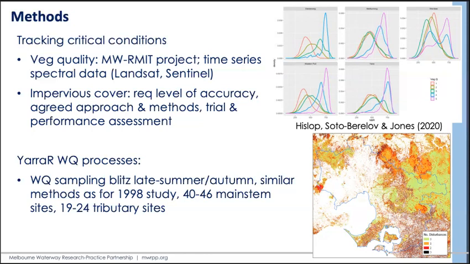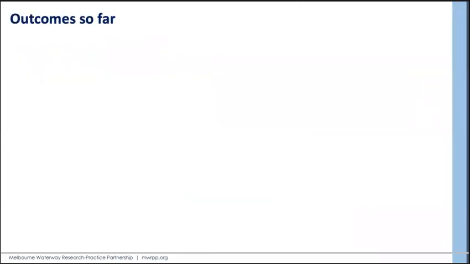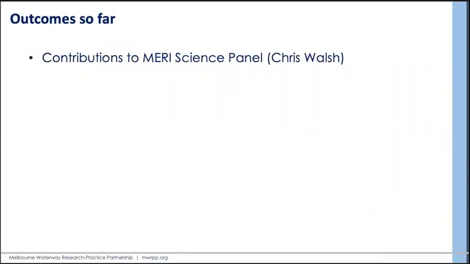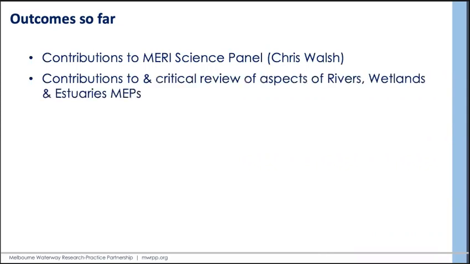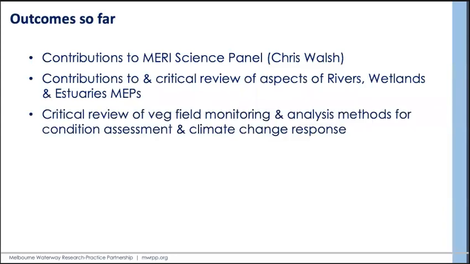So some of the outcomes of this project so far have been our contributions to the MERI science panel, contributions to and critical review of aspects of the rivers, wetlands, and estuaries monitoring and evaluation plans, some critical review of vegetation field monitoring and analysis methods for condition assessment and climate change response.